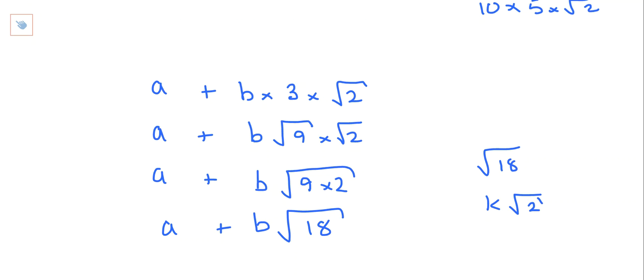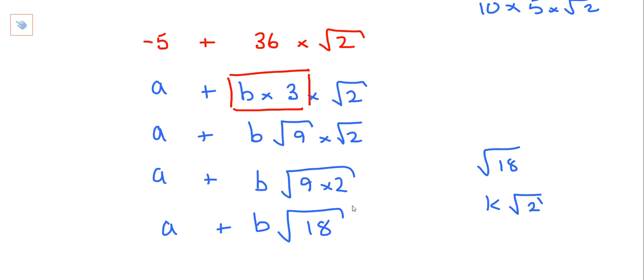So what I'm going to do is then bring back my answer. So I've got -5 plus 36 times root 2 in my answer. Okay. Now, what I now know is that this bit here, to make it get to the root 18, has to be something times 3.